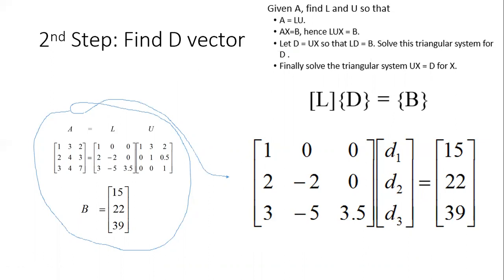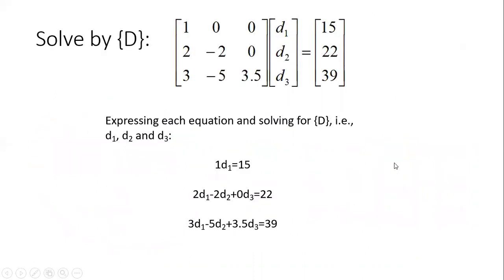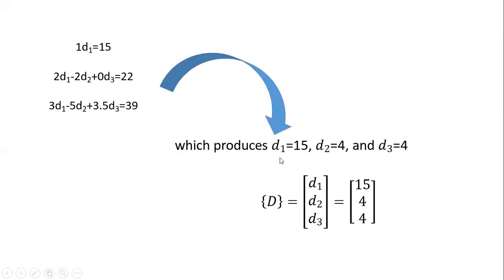The B here is the column vector of constants. From here, we can determine the values of D1, D2, and D3 by considering these three equations. No? So obviously D1 is 15. And by solving these two equations simultaneously, since we already have the value of D1, we can determine the value of D2 as well as D3. So this gives us a value of 4 and 4, positive. So the matrix D here turns out to be 15, 4, 4, no?